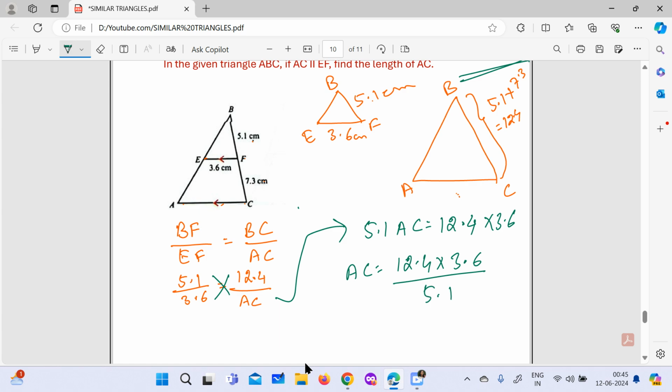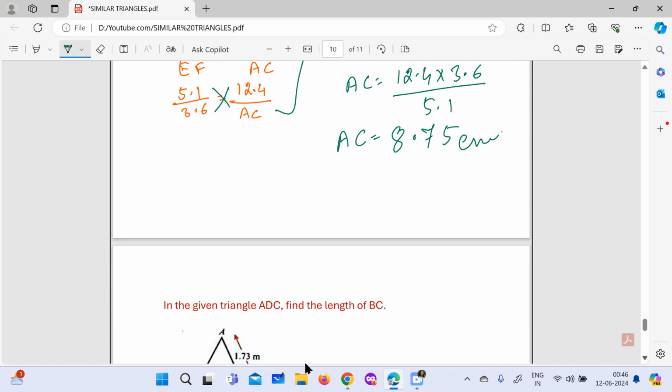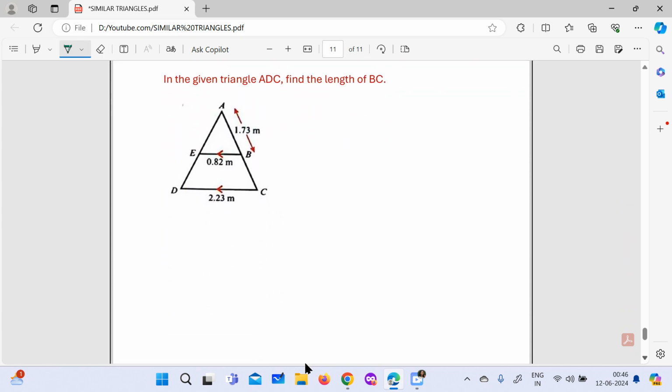You can just put everything in the calculator, and you get the answer as 8.75 centimeter. Hopefully this is a paper 4 question, so that you can use a calculator. Let's see how many more questions. I guess this should be the last. Yeah, this is the last question.